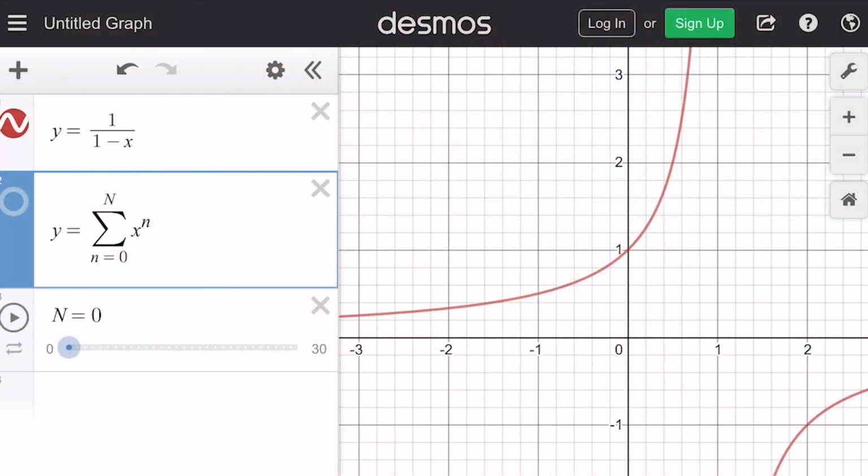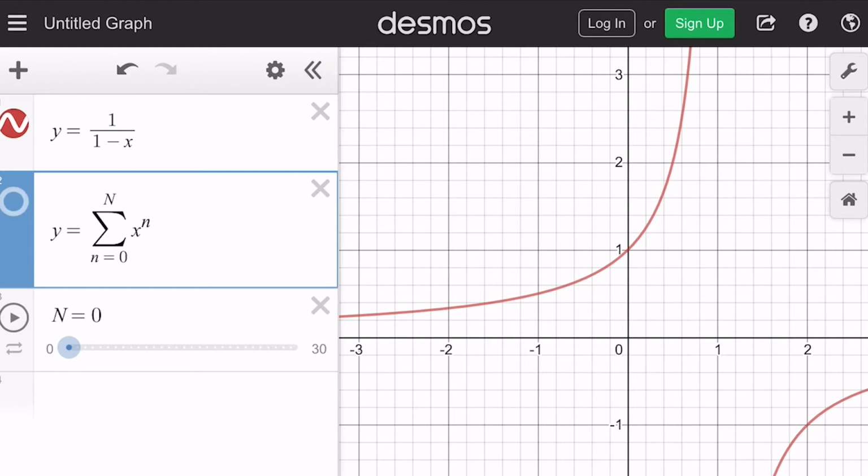All right, what we have here is a graph of the function 1 over 1 minus x, and we have the partial sum of the series x to the n. Now, we have to make it a partial sum with capital N here rather than infinity because Desmos just isn't smart enough to add up an infinite number of things.